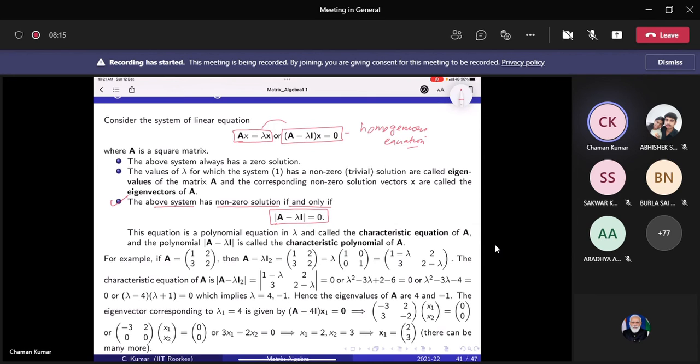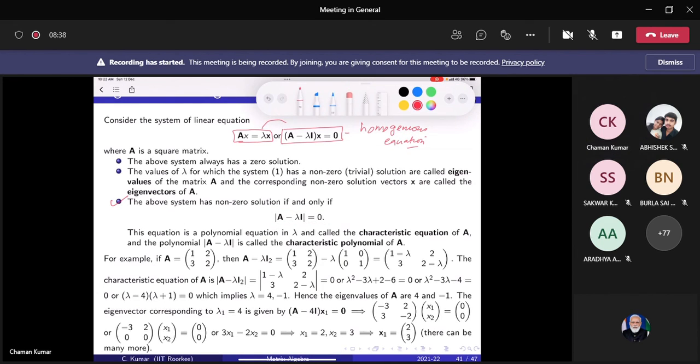Okay, so for this system to have a solution other than the trivial solution, the determinant of A minus lambda I must be 0.